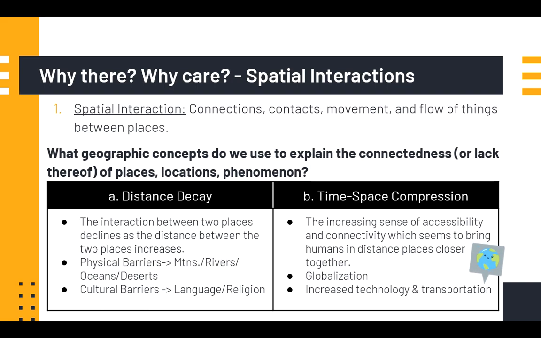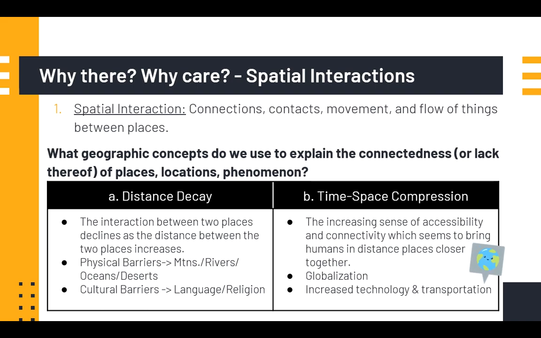Distance decay is really about humans. It's not really about actual distance. It simply says that the further away two places are, the fewer interactions there will be. And that can include physical barriers.